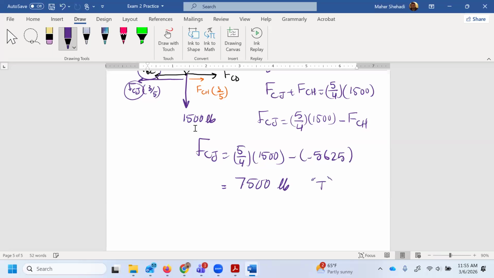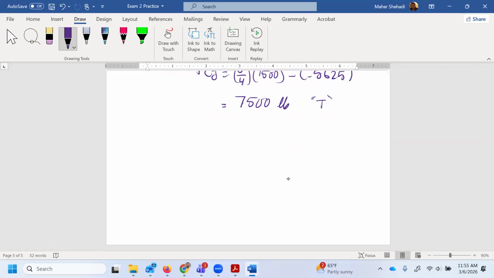Okay, so that would be the solution for the problem they asked for. If you want to summarize here, CJ, I don't need HI and CD. CJ is 7,500 pounds and it's under tension.